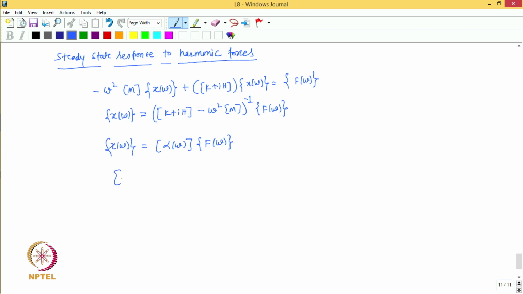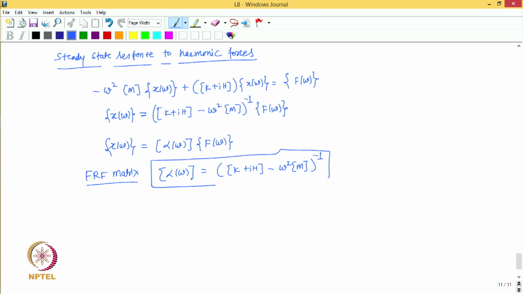Therefore the frequency response function matrix alpha of omega is equal to the inverse of the dynamic stiffness matrix. In this case, the dynamic stiffness matrix is K plus i H minus omega square M, inverted.